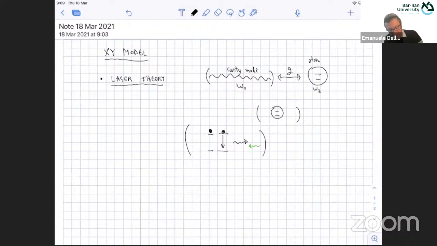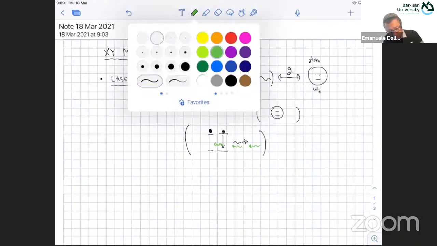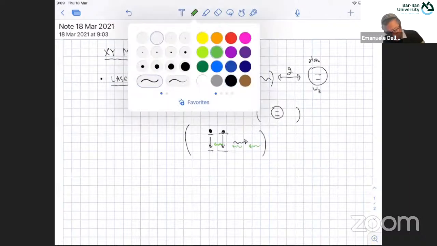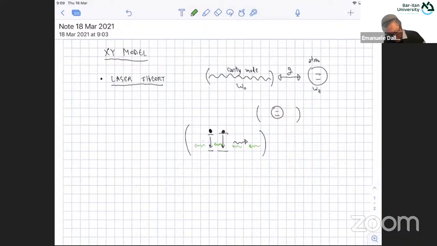So when this green photon comes back, it finds another atom. And then we have the effect of stimulated emission. Stimulated emission means that as soon as the other photon comes in, the second atom goes down, and two photons are now emitted. So we now have two green photons.